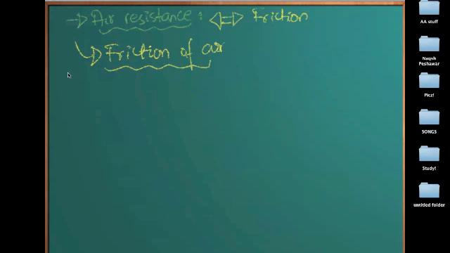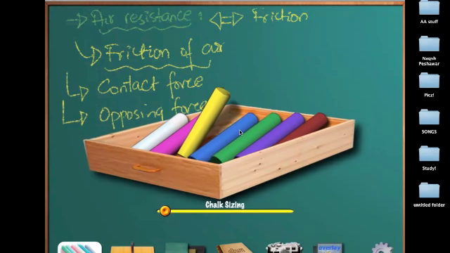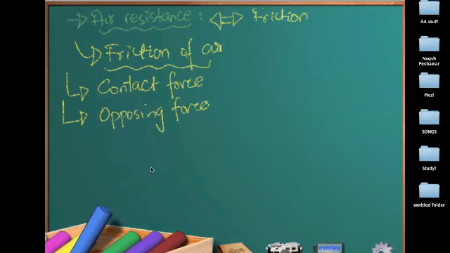Now let's discuss some properties of air resistance. First of all, air resistance is a contact force. And also, just like friction, it's an opposing force. Now let's see, what do I mean by a contact force? It might not seem like a contact force initially, but it is. Let's see.